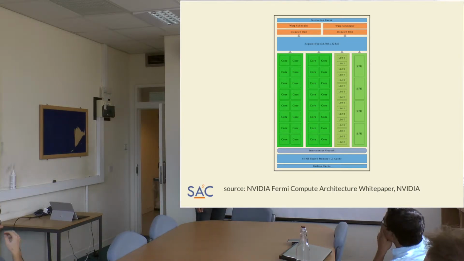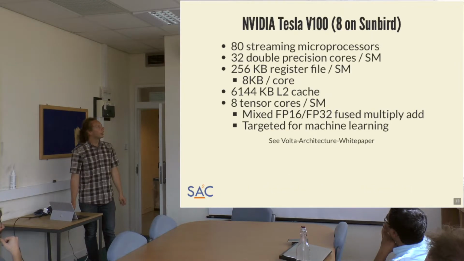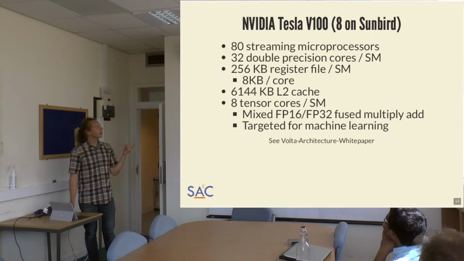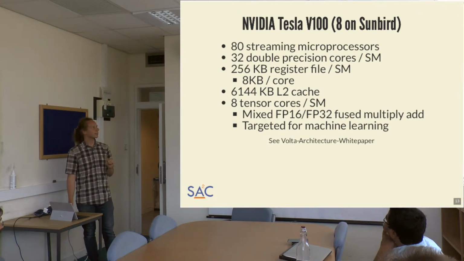And then there's the whole device memory and the device cache. So the Volta 100, which we will have on Sunbird, has 80 of these streaming microprocessors, which are very much like this, except each one has 32 double precision cores and 64 single precision cores.